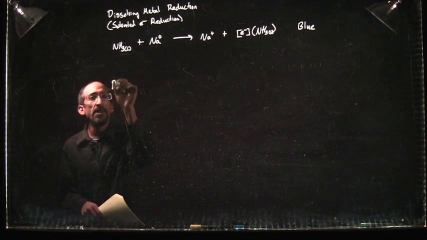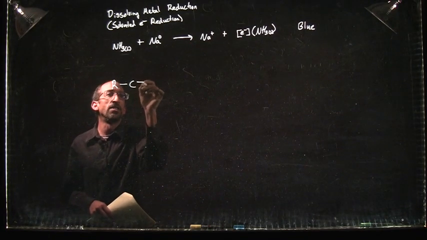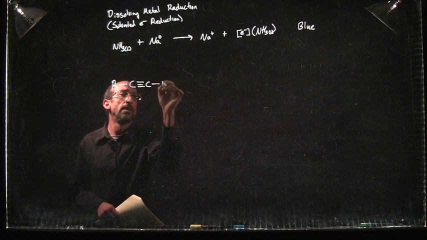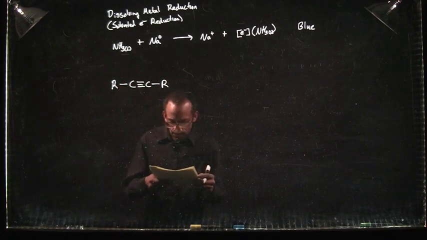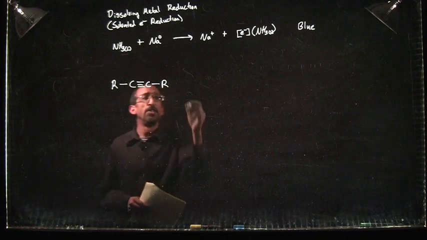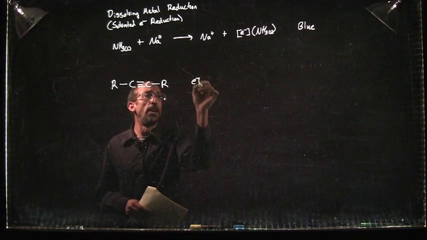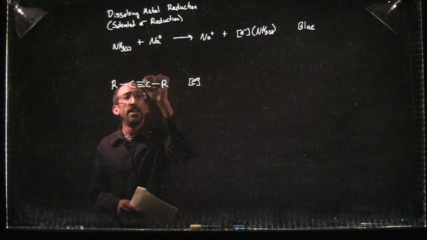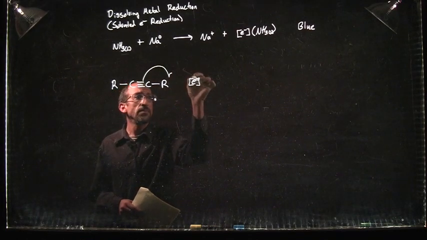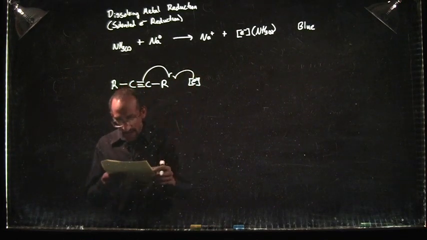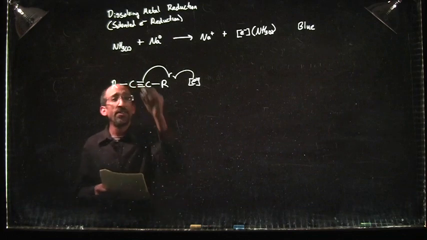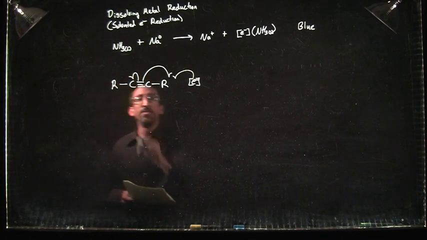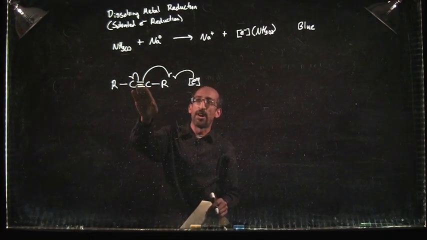So let's go ahead and begin with an internal alkyne. And we see that the first thing that occurs is this solvated electron is going to combine with one of the electrons in a pi bond of our alkyne.